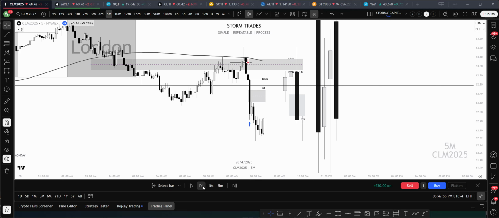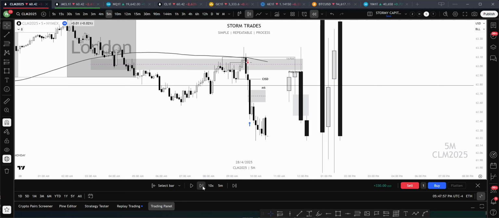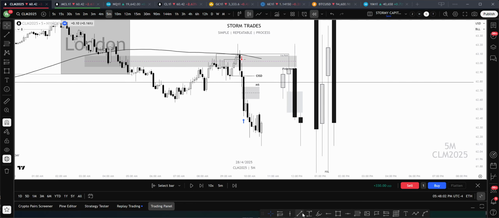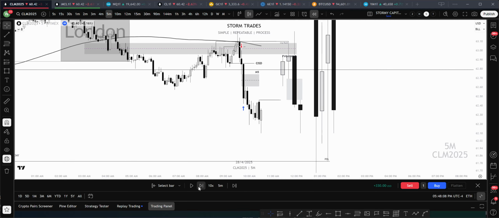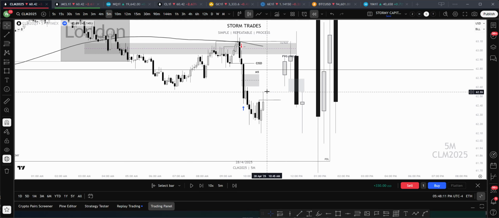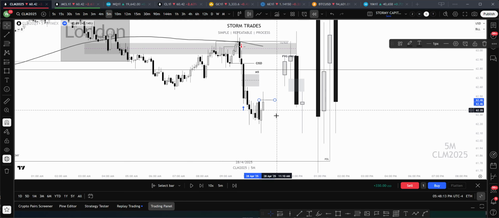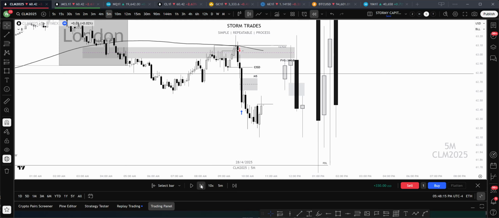So as we move price forward here, we've just developed a swing point right here. So swing high. I'll be watching that. Okay, we just swept it here.